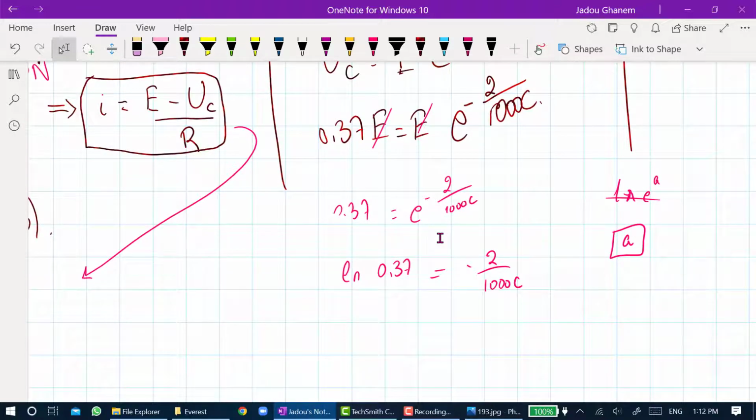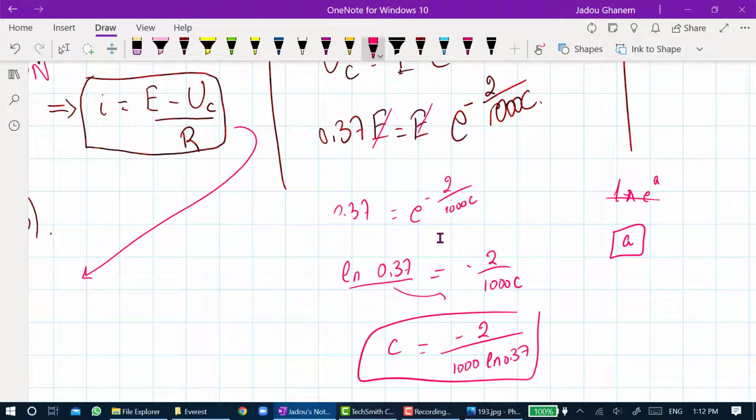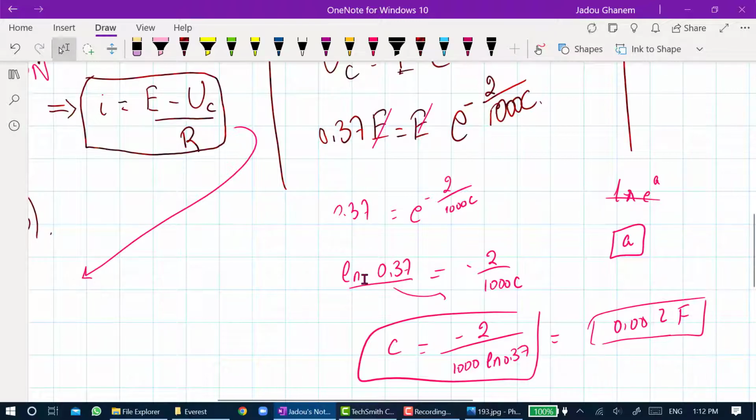Now just do cross multiplication. This one will go to the denominator, and C to the numerator, it will be minus 2 over 1000 ln 0.37, and the answer here will be 0.002 farad. The capacitance is measured in farad, or we can just write it in millifarads, it's the same.